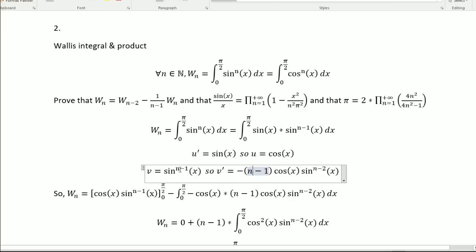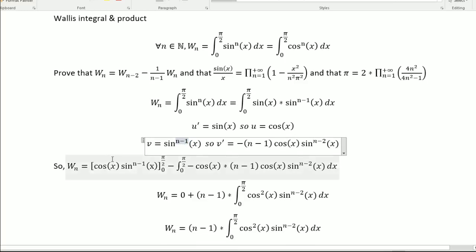The n minus 1 comes from the power, times the derivative of sine, that is cosine, and then the power goes down by one, so we get sine to the power n minus 2.